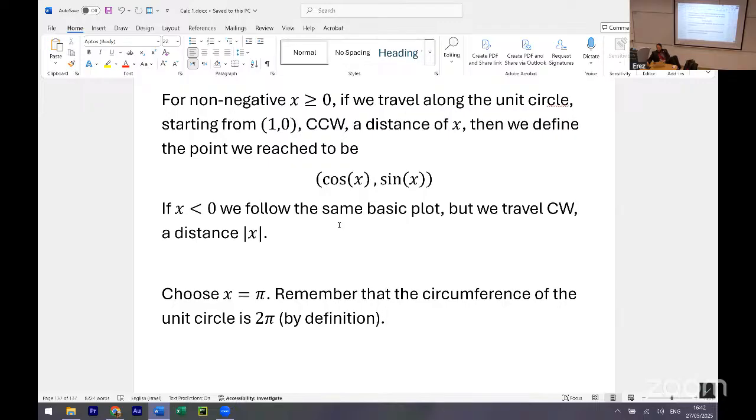I'm going to define that pi is half of the circumference of the unit circle. But that means that I need to prove that the area is pi using integrals. I won't do that. Usually no one does it.